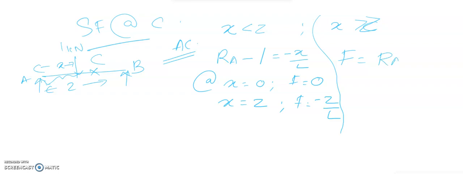Just RA. And what is your function for RA? L minus x by L, right? Again, linear variation. Now to substitute, at x equal to z, you have this equation only, that is L minus z by L. And at x equal to L, you have shear force equal to 0.